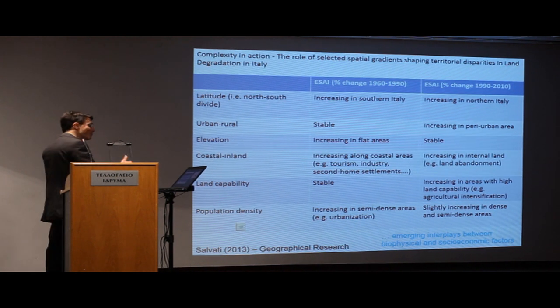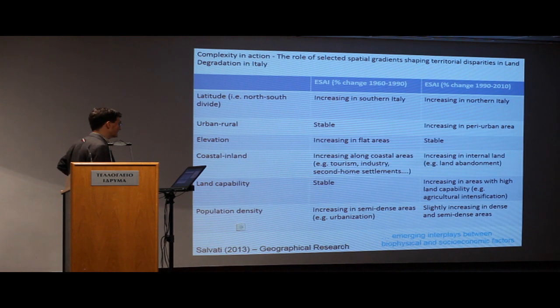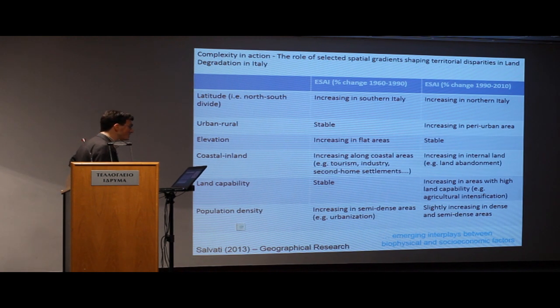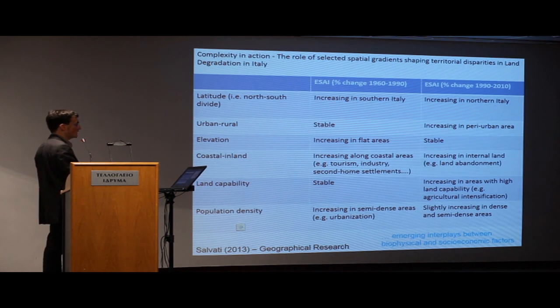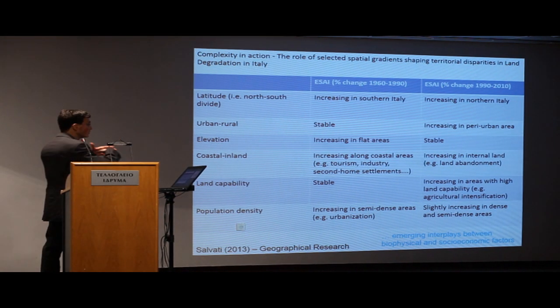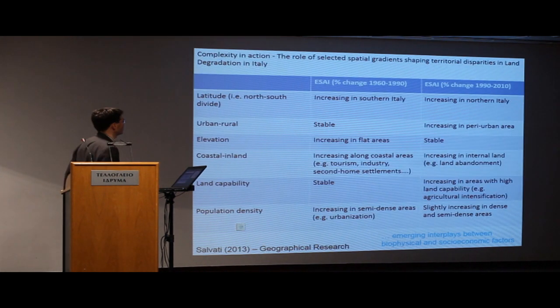You can see many different gradients evaluated in this slide. The urban-rural gradient, for example, elevation, coastal-inland gradient, land capability and population density gradient, and so on. And you can see here a very complex and very rapidly changing situation in the first period and in the second period. So you can understand why we have such a complex scatter plot here.